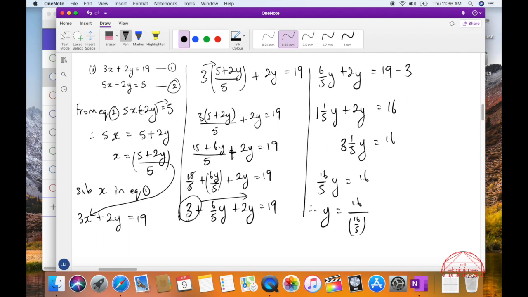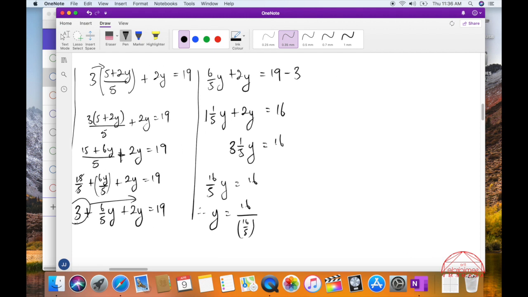And of course, what do I do when I divide by a fraction? I invert and multiply. So therefore, y is equal to 16 multiplied by 5 over 16. And well, look at that, these 16s cancel quite nicely. Therefore, y is equal to 5.